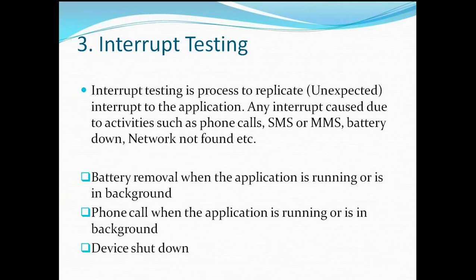See, interrupt means if you're working on 3G and you open a banking application to transfer an amount to your friend, in the middle your net will be lost. Then what happens? Or otherwise, in the middle you will get a call from your friend. So these are types of interrupts.